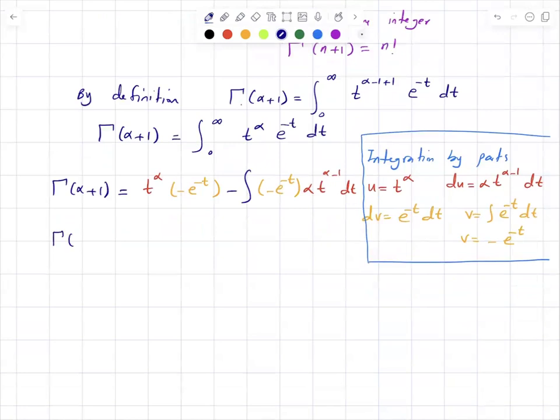The gamma of alpha plus 1 is equal to negative e to power negative t, t to power alpha, plus, basically here you have alpha, you can write alpha in front of the integral of e to power negative t and t to power alpha minus 1 dt. But take a look.